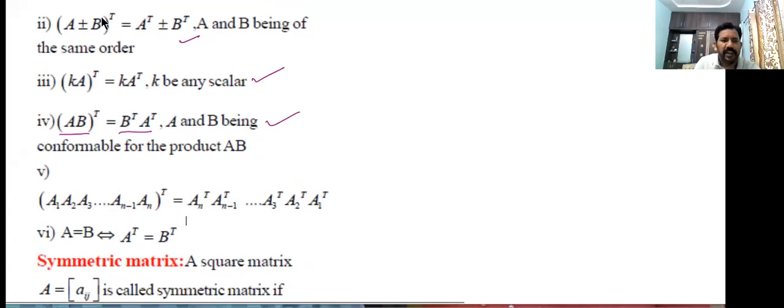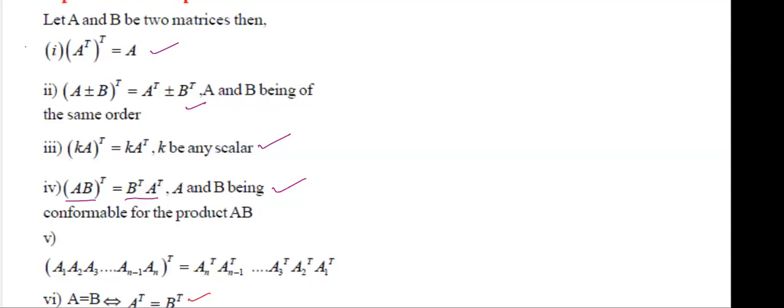Next, final point: if A is equal to B, that implies A transpose is equal to B transpose, because both matrices are equal, their transposes are also equal. These are the properties of the transpose of a matrix. Fifth property; the fourth property is already completed. For example, take A, B, C, D whole transpose.